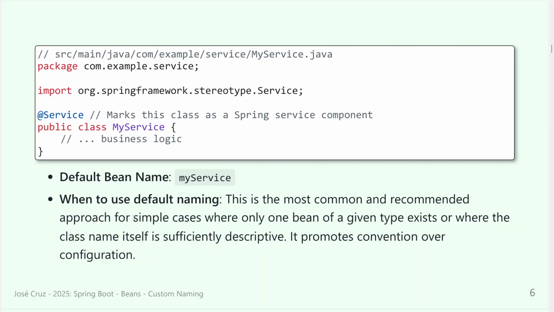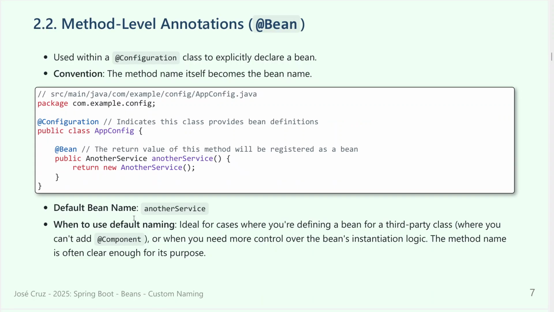That's the way Spring Boot does it by default, but sometimes this creates some conflicts, mainly if you are using, for instance, interfaces. There are other types of beans that you can create, as you know, which is to use the bean annotation in a configuration class. When you have this configuration class, you can create beans using methods. The instance of the bean will be the return type, but the name of the bean will be the name of the method.